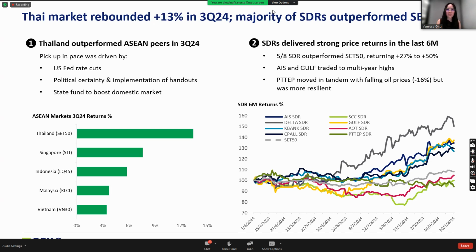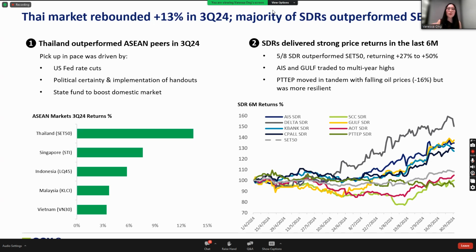Now, this general pickup in pace has been driven by 3 structural factors. Firstly, we have the US Fed cuts, which narrowed the interest rate differential between the US and emerging market assets like Thailand, which correspondingly made Thailand much more attractive.